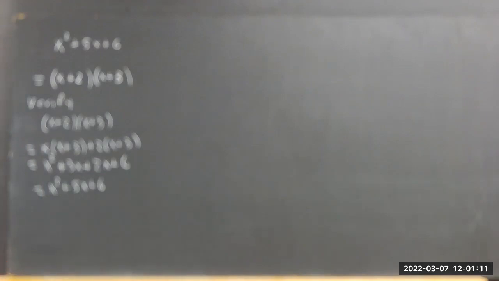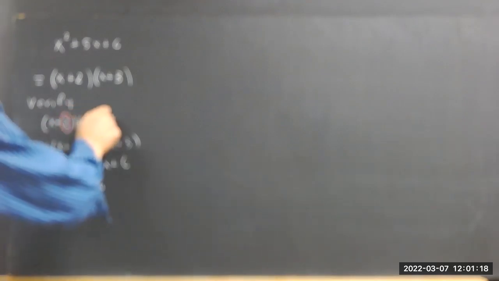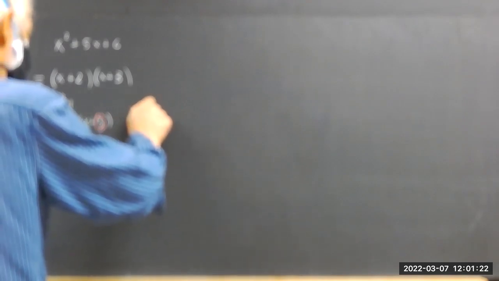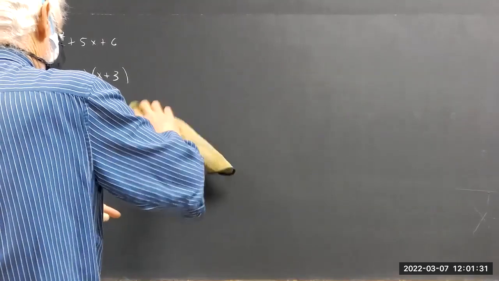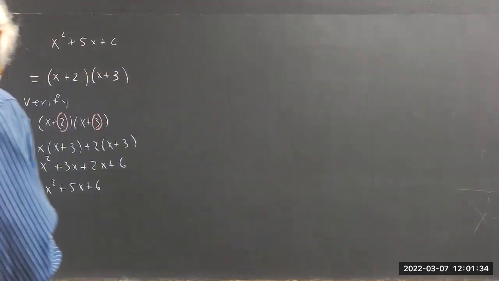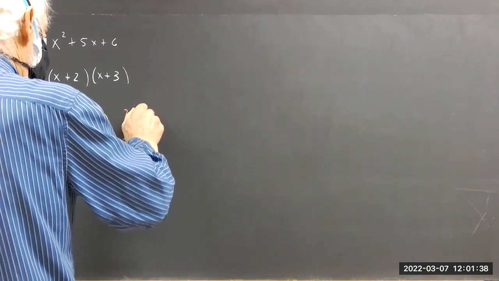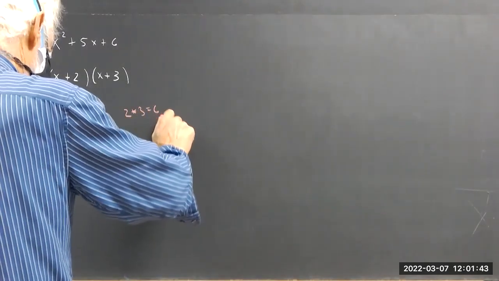Now we notice, where did we get the 6? Well, we got it from the 2 and the 3. 2 times 3 equals 6.